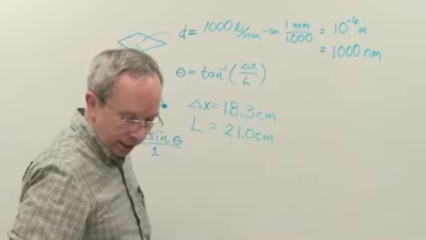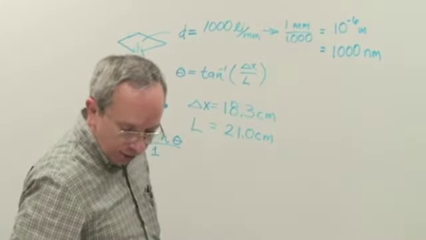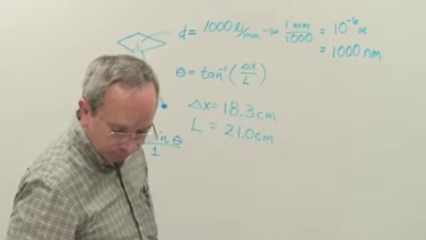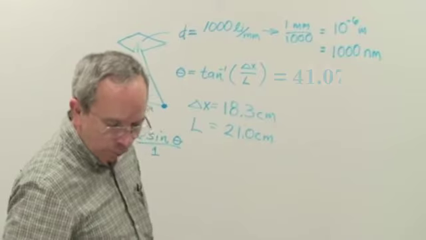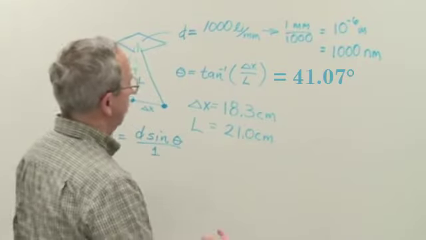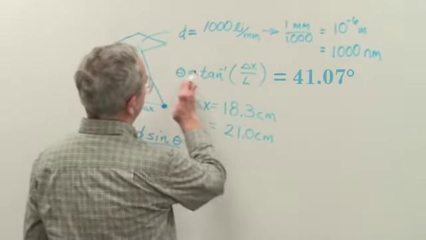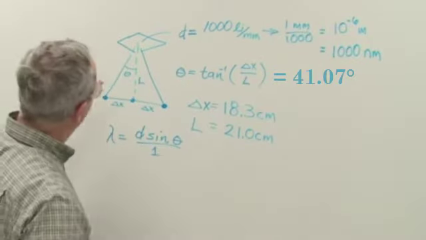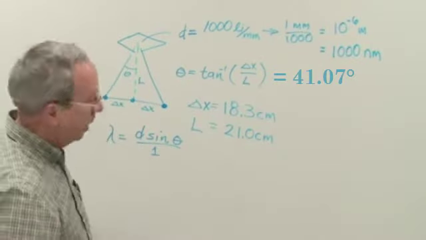So if I calculate the ratio of 18.3 divided by 21 and take the inverse tangent, I get 41.07 degrees for theta.